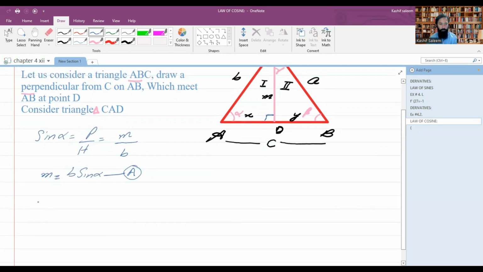Now apply cosine alpha equal to base upon hypotenuse on the same triangle. So this is x upon b.